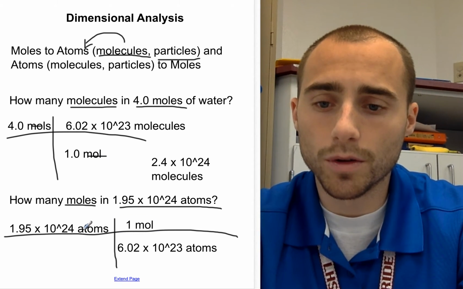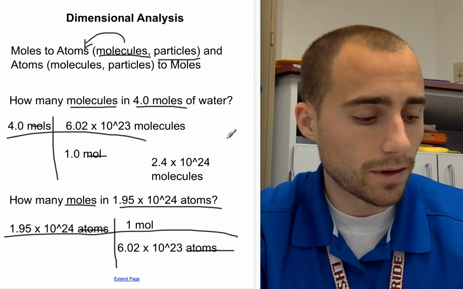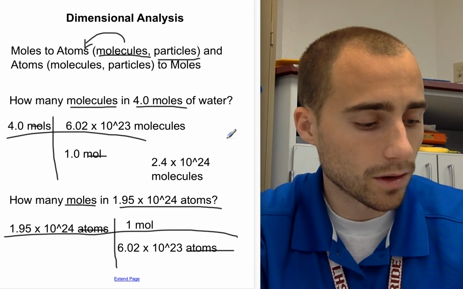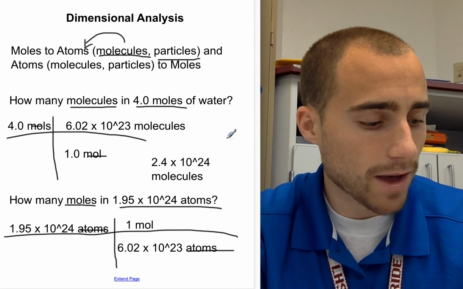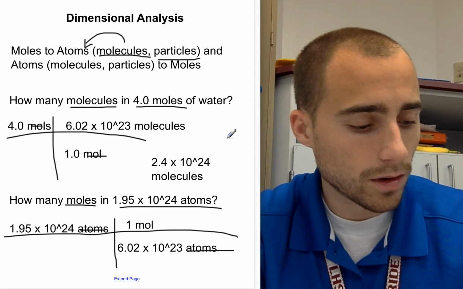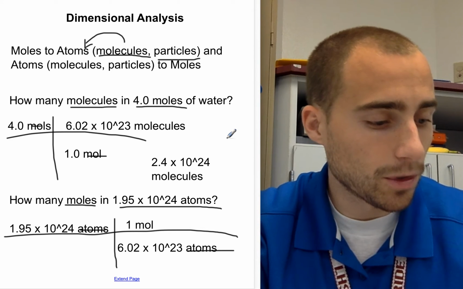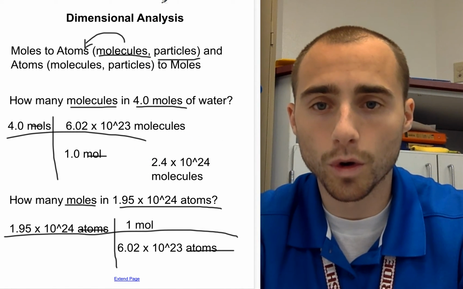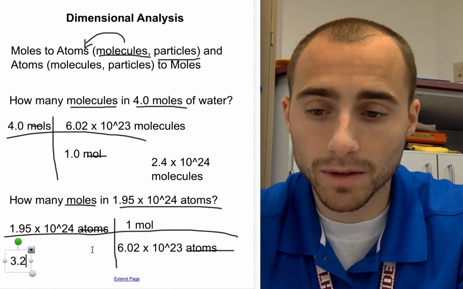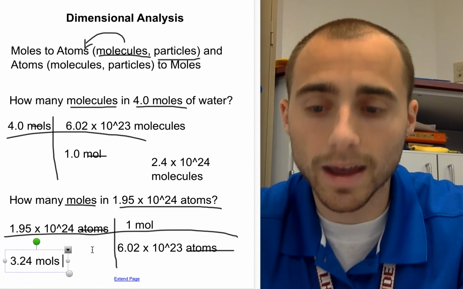Very straightforward. You cross off atoms, and then all you have to do is 1.95 times 10 to the 24th, and you have to do that divided by 6.02 times 10 to the 23rd, and you end up with 3.24 moles of, well, we weren't dealing with anything specific there, but you would have got the same answer regardless. 3.24 moles in that number of atoms.